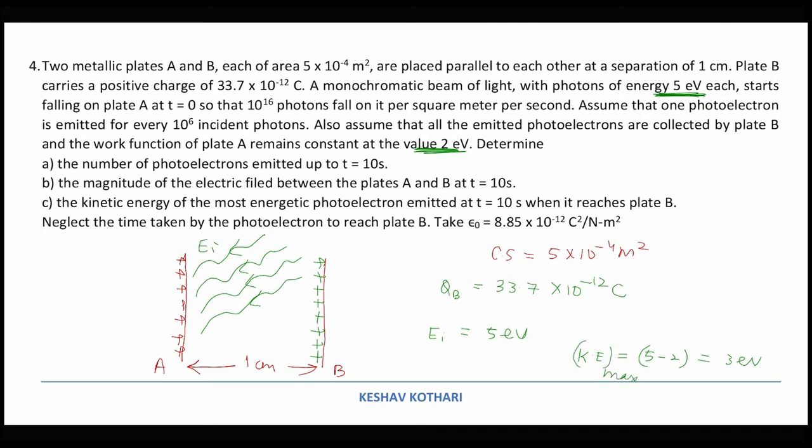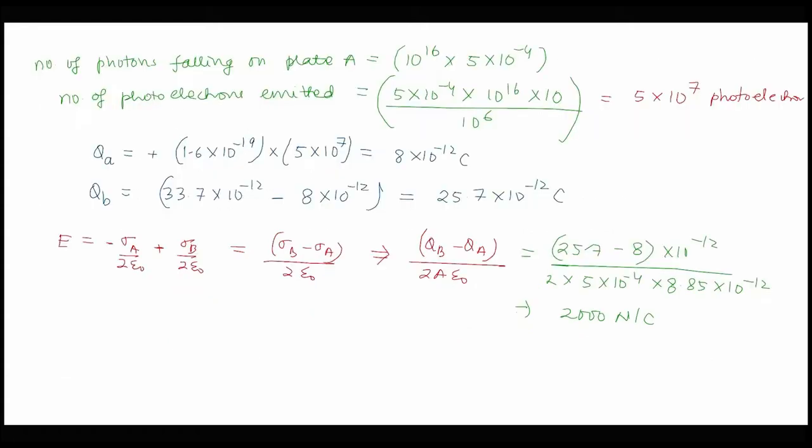Now these emitted photoelectrons after coming out will get accelerated due to the electric field applied. As a result, we can say that for the kinetic energy of the most energetic particle, it was emitted with 3 electron volt energy and gets accelerated due to 2000 Newton per Coulomb.